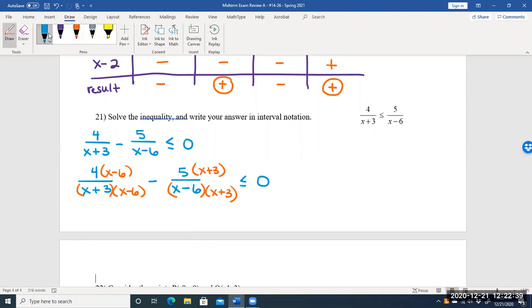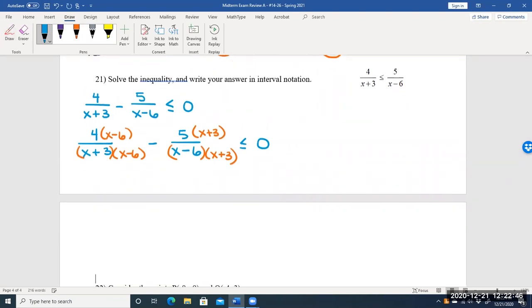All right, now that I have a common denominator, I'm going to subtract numerators and retain my common denominator. I'll distribute here in the next step.